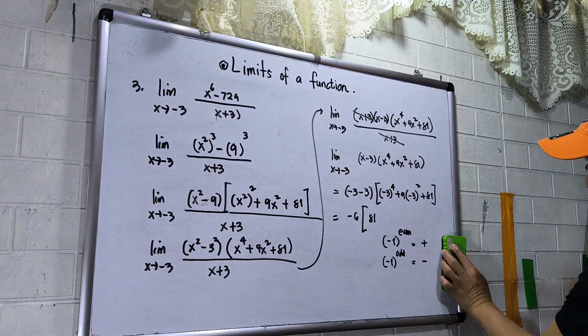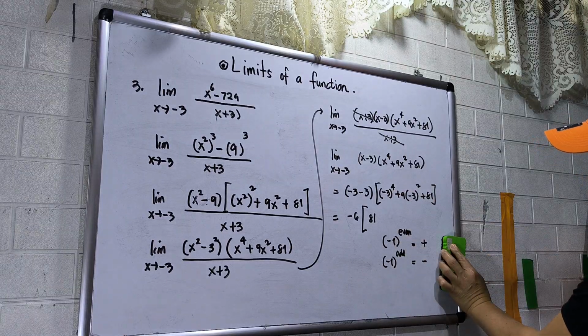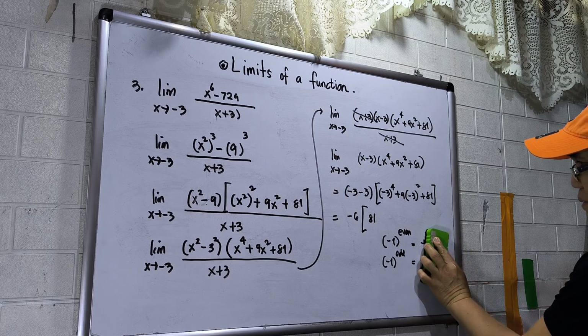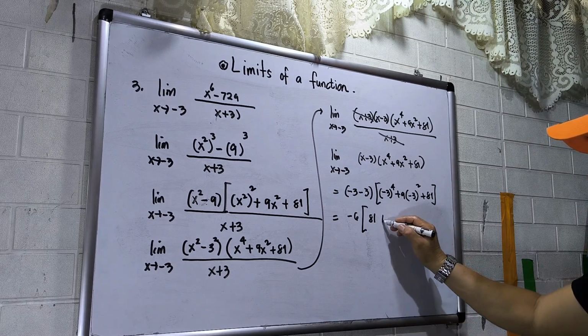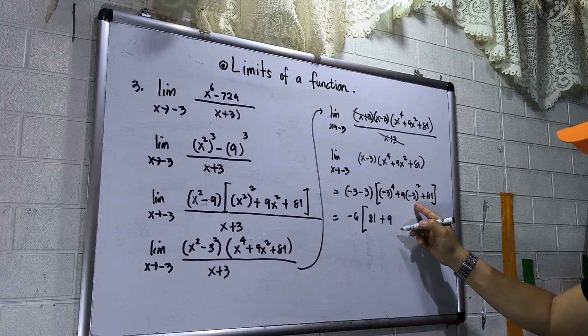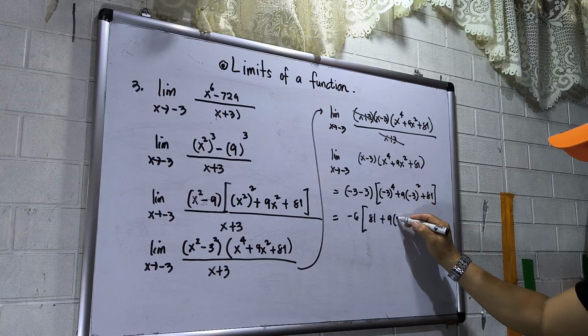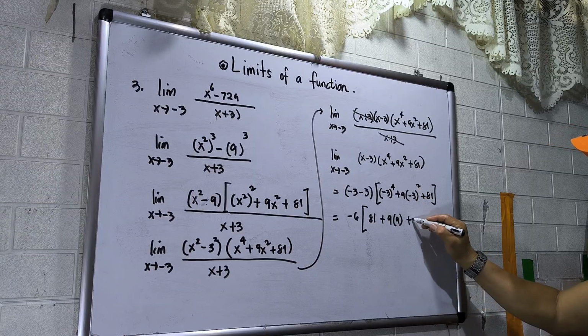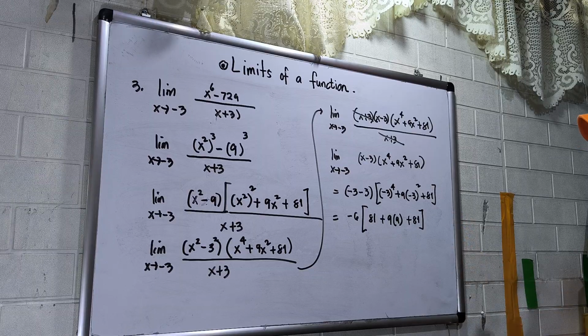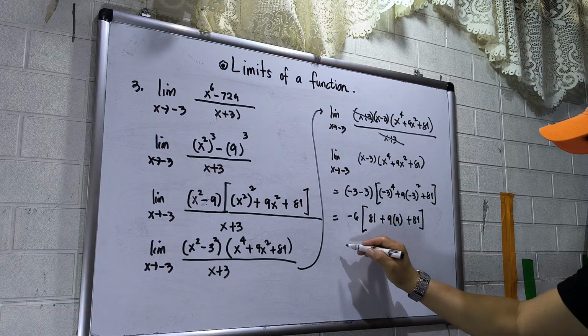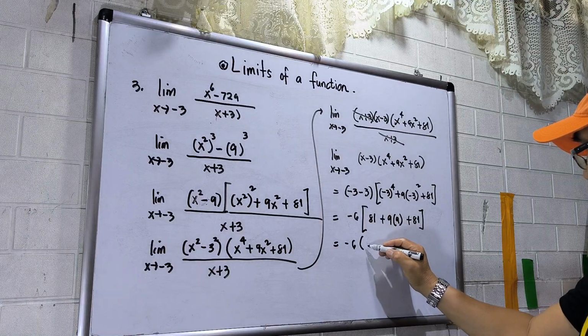That's why negative 3 raised to the 4th power is positive 81. Then plus 9, this is even, so this will be positive 9 times 9, 81. Then plus 81. And then this will be negative 6.